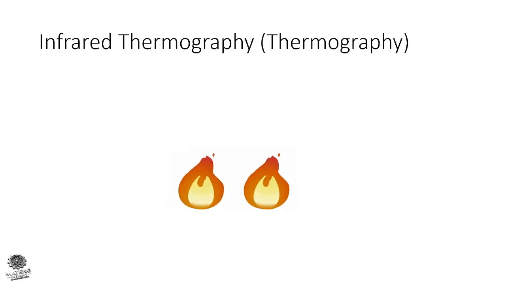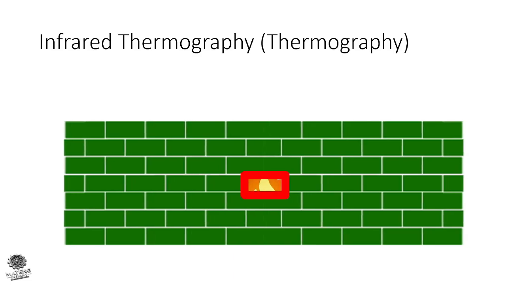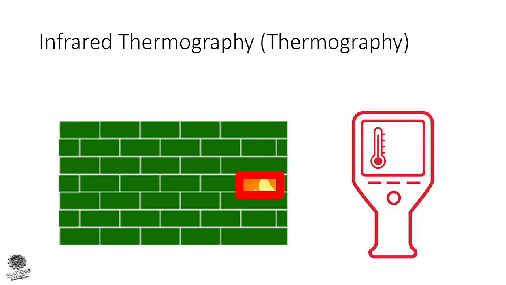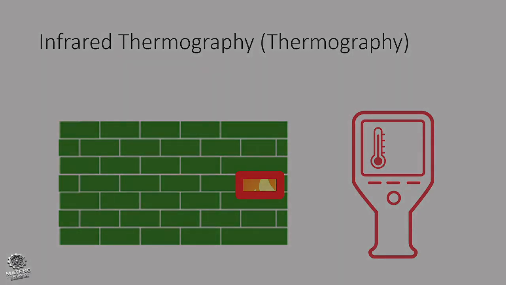Thermography. Consider a wall with a defect such as a crack. Heat loss through the area will be higher. Thermography records the surface temperature distribution with infrared cameras. Defects alter heat flow and produce anomalous thermal patterns that can indicate defects.